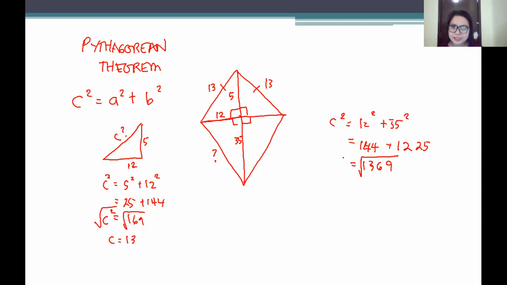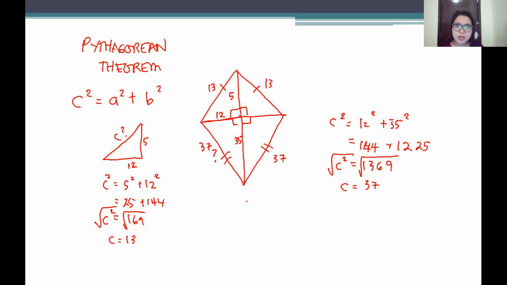Square root of c squared, the answer is 37. So this one measures 37, and the other also measures 37. You need to show your procedure if you're using this method.